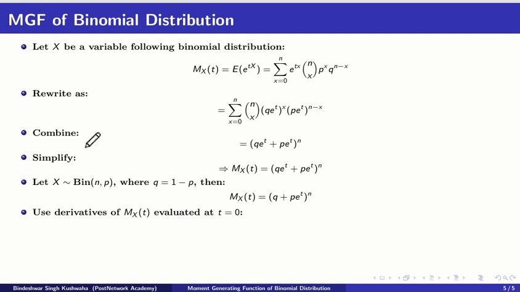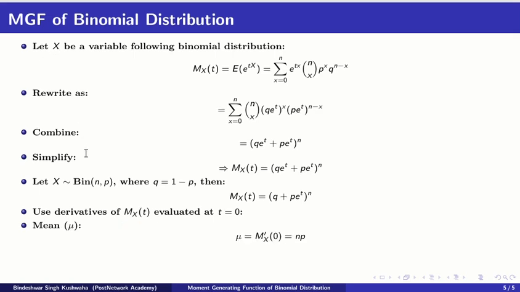I am leaving it to you to differentiate the moment generating function M_X(t) one time and put t equal to 0. You will get this, that means mu is equal to np.